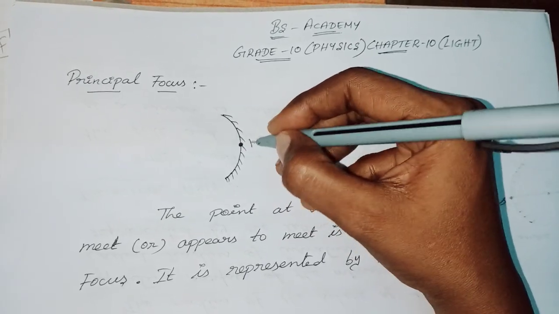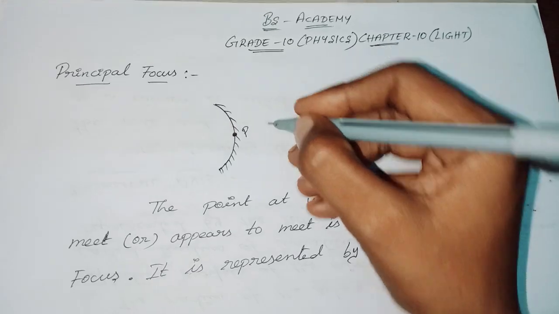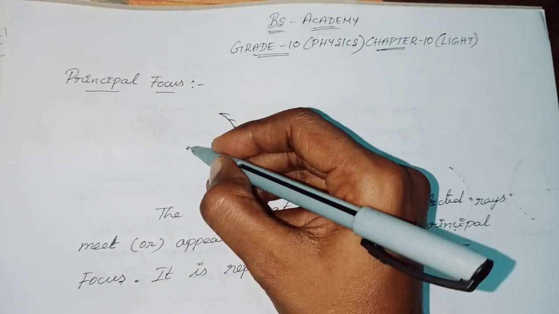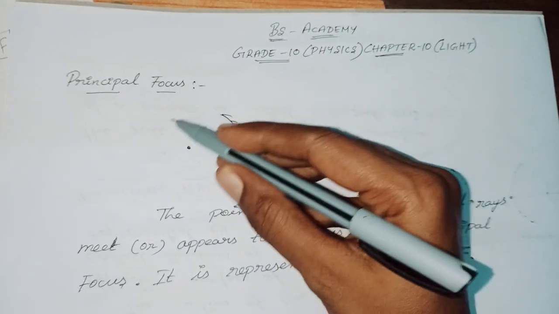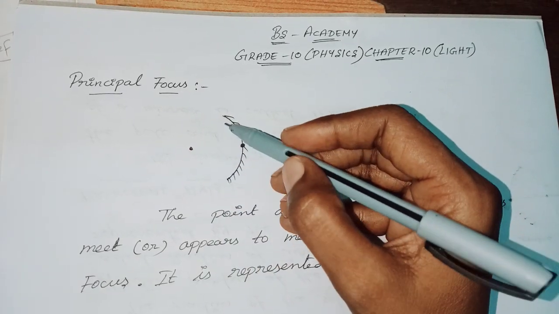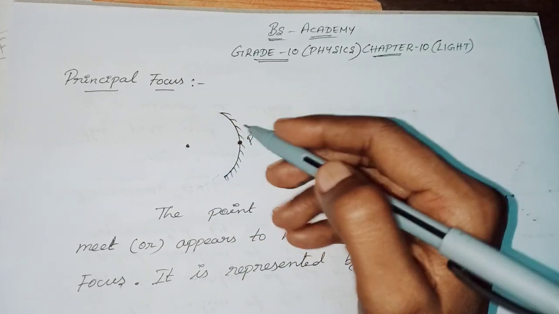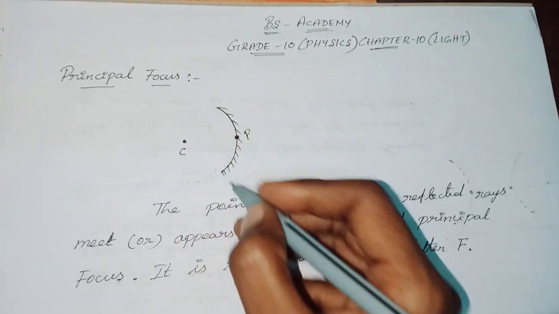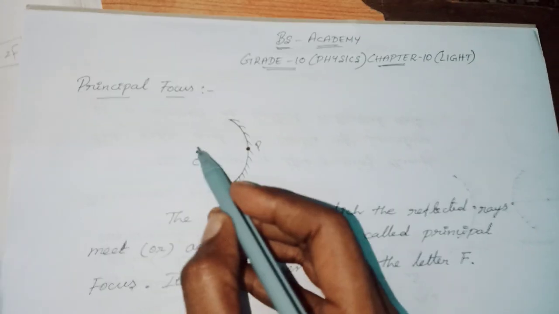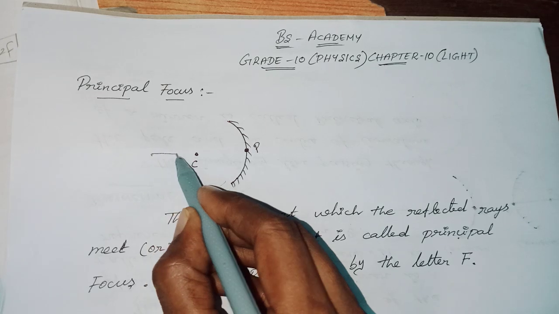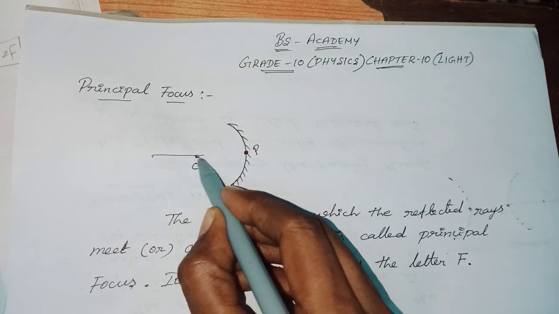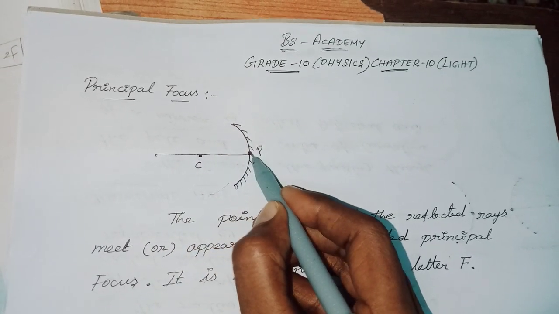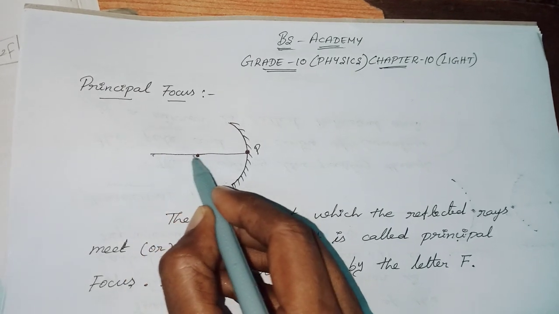This is the pole represented by the symbol P, and the center point of the spherical surface, that is the center point of the sphere, is represented as what? Center of curvature, right? And we already know the imaginary line passing through the center of curvature and the pole is called the principal axis.